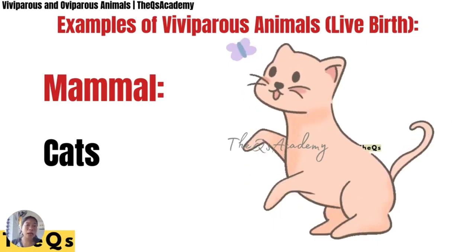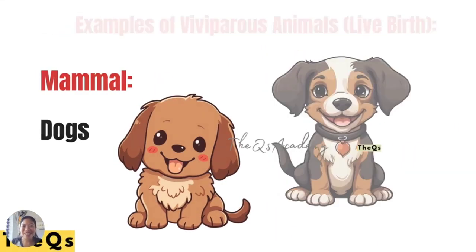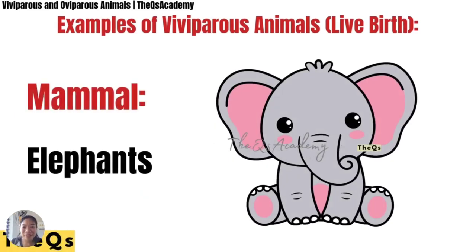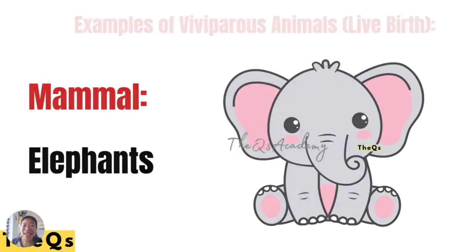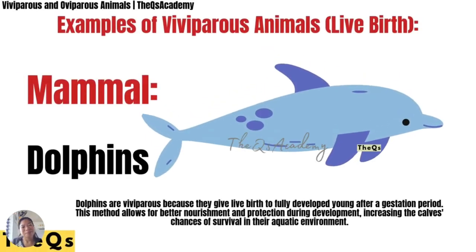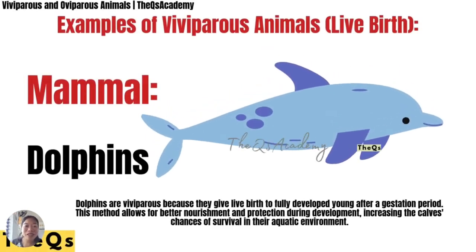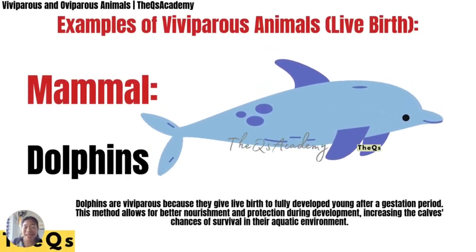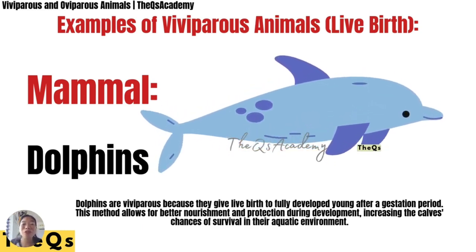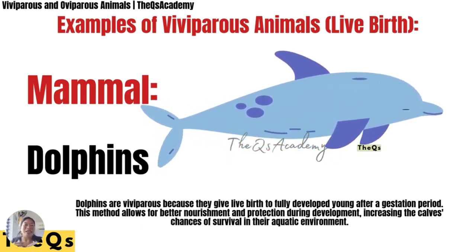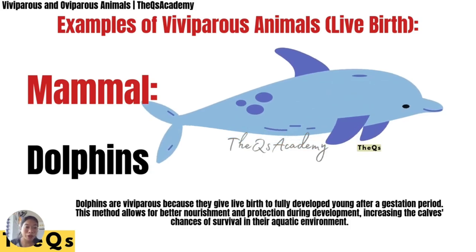So we have other examples: cats, of course, dogs, elephants, and yes, dolphins. Dolphins are viviparous because they give birth to fully developed young after a gestation period.